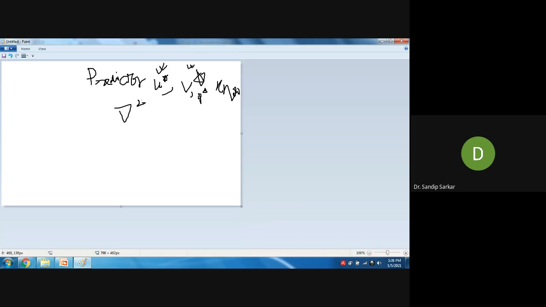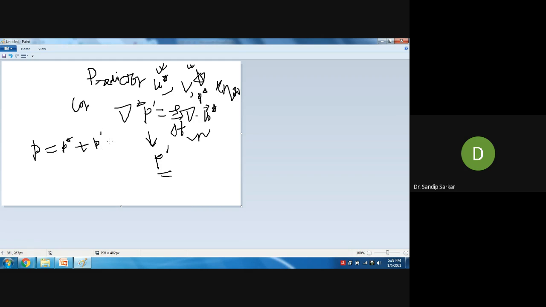In the corrector step, del squared p prime equals rho by delta t times divergence of u star. This is known, so now you can obtain p prime. Once you know p prime, you can calculate the pressure. Pressure is basically nothing but p star plus p prime. So you can obtain the pressure.